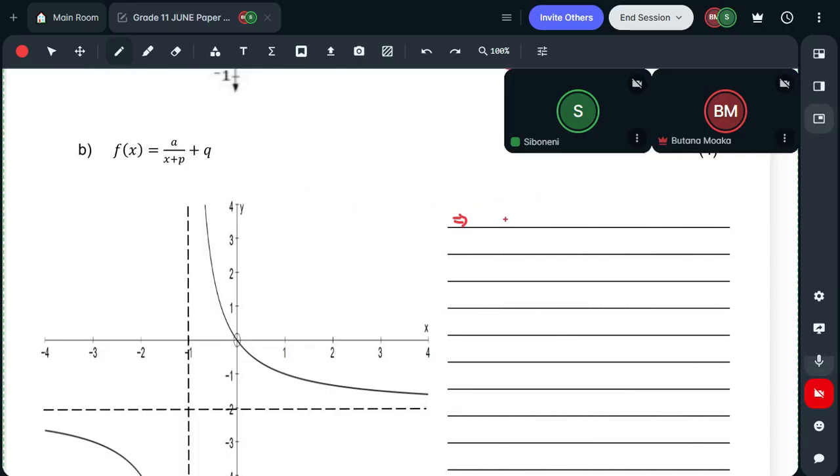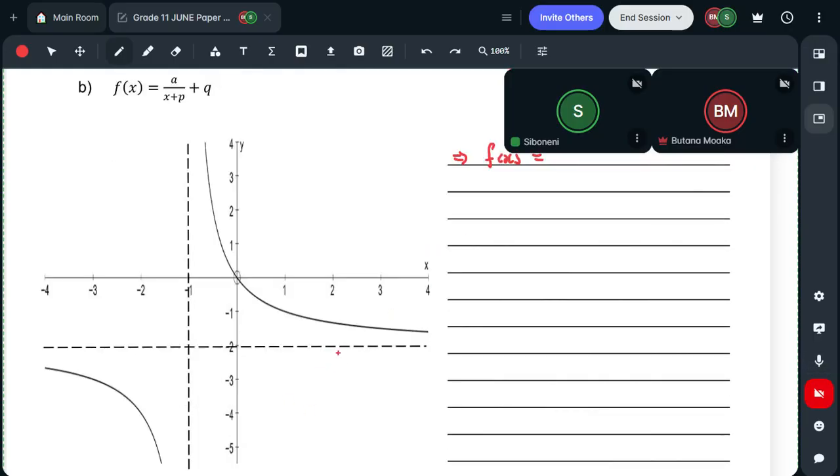You're going to say that f of x equals, I'm just going to leave the a first over, and then I know that this line here is my vertical asymptote. It's x equals minus 1. Okay, so this is where I need your attention.